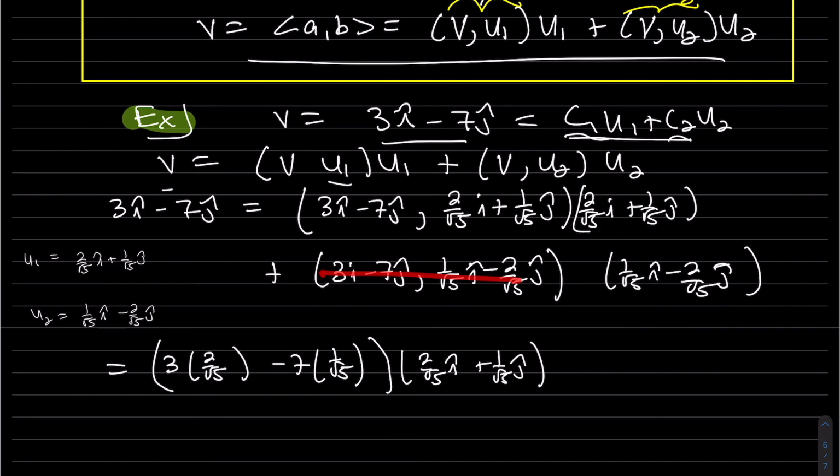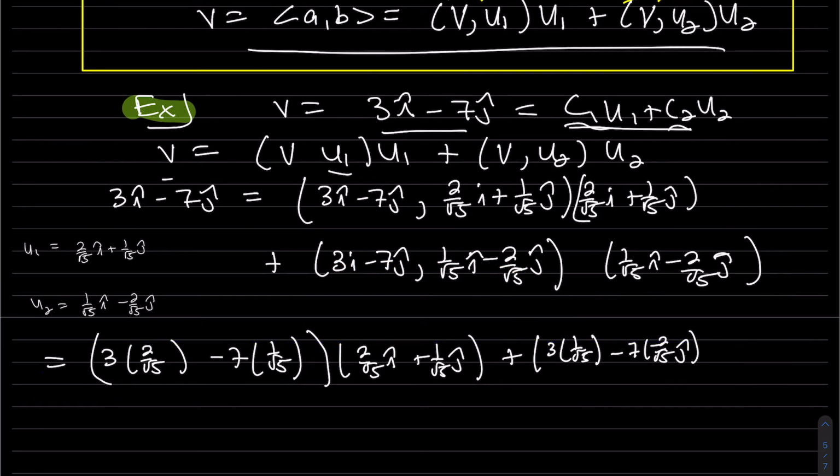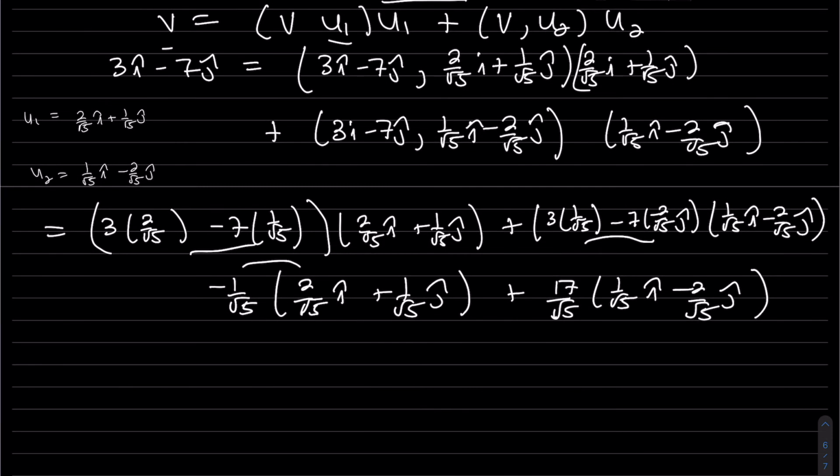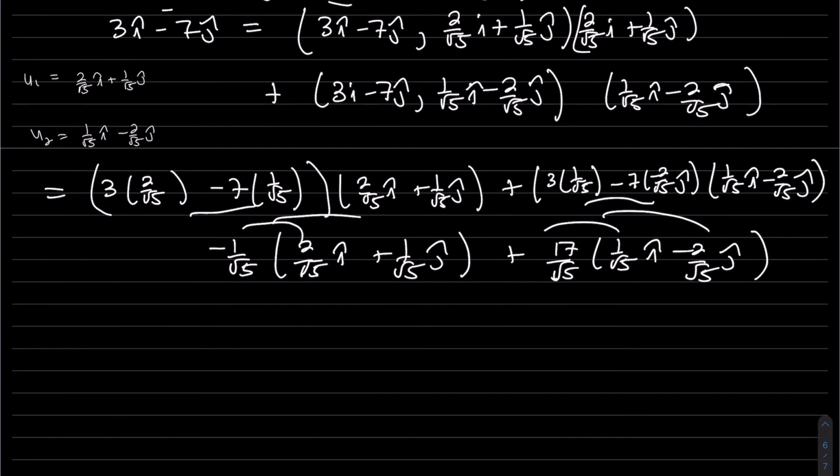And this dot product times that last vector, so this is our scalar. 6 minus 7 is minus 1 of these. 3 plus 14 is 17 of these. Distribute, add your i's and j's.